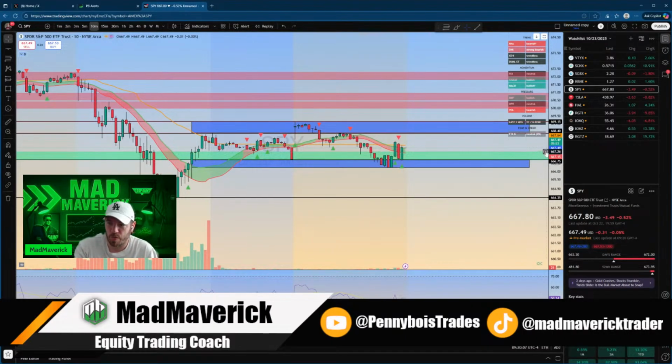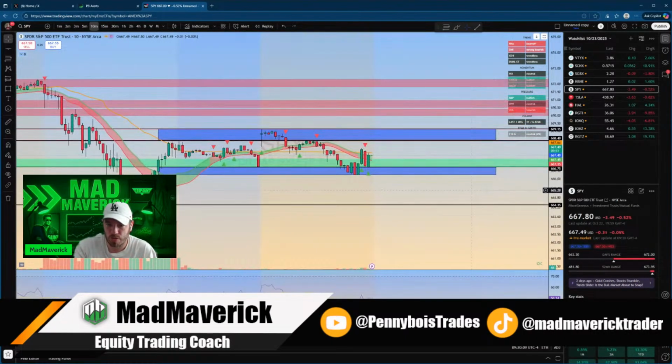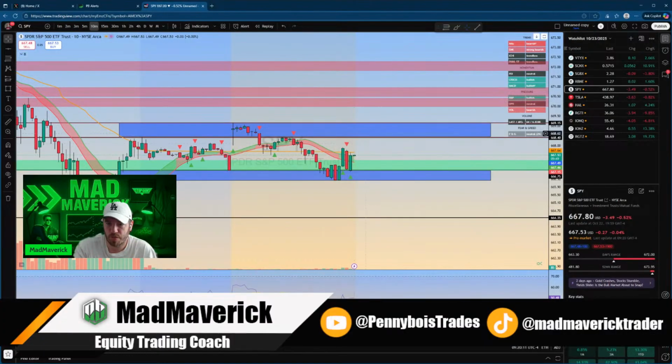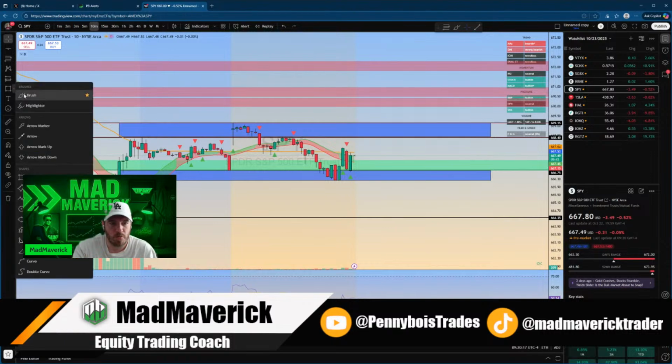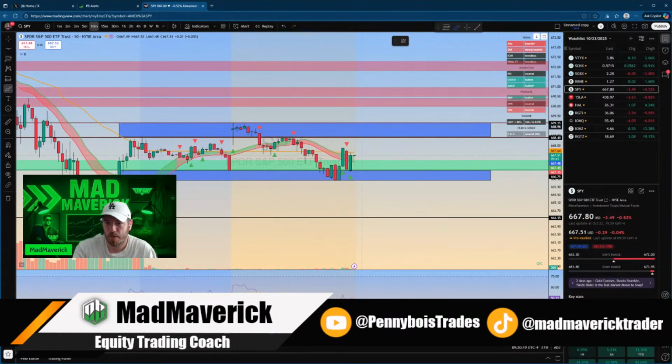So I'm just going to look for a simple execution of SPY. And it's going to be once we break above the top level. Let me just bring up my little brush. I would honestly look for a break above here. And once we get above this area, then we have some room to go towards 670 plus again, right?